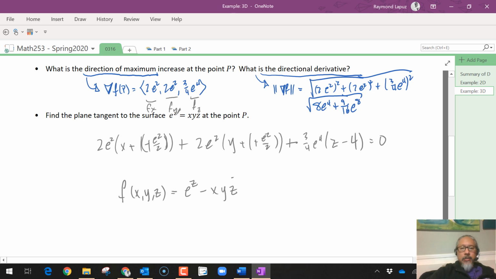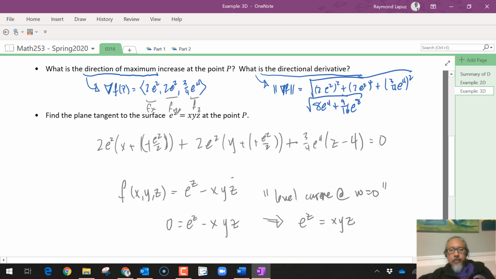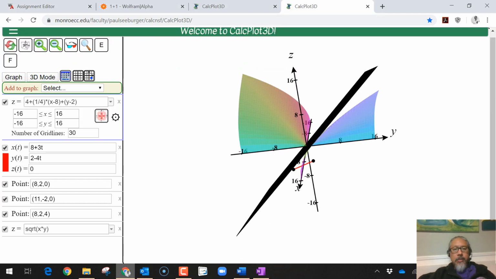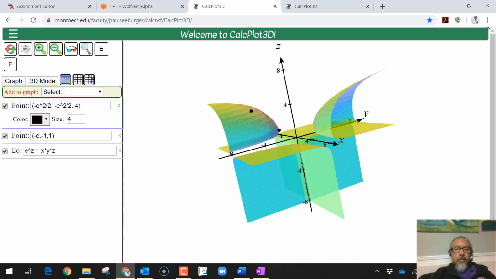And if you consider this as a level curve when w is equal to 0, we can think about this as 0 equals e to the z minus xyz, and that is equivalent to saying e to the z is equal to xyz. Alright, so we can look at that as an implicitly defined function surface. So let's take a look at that surface here.